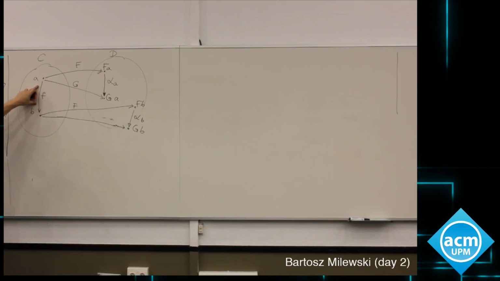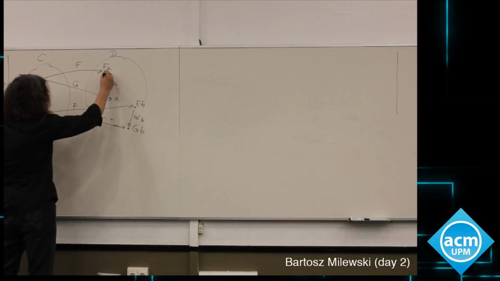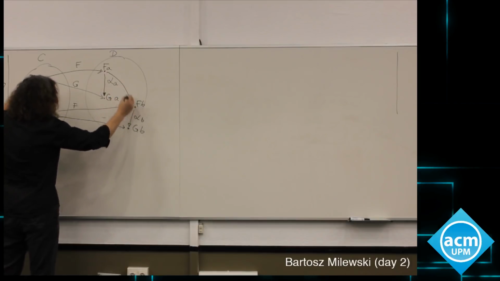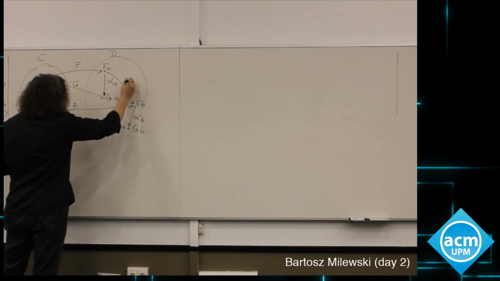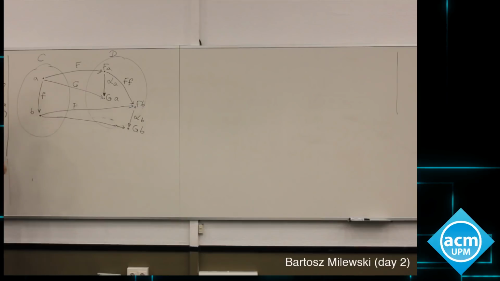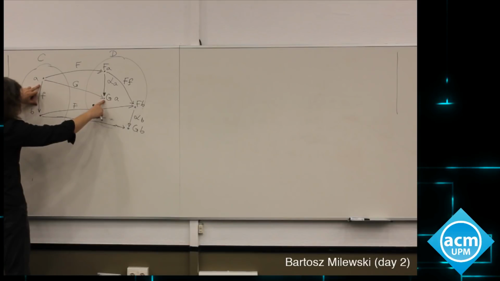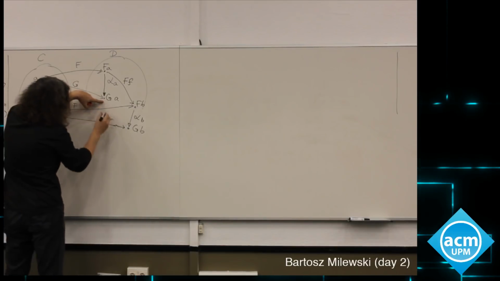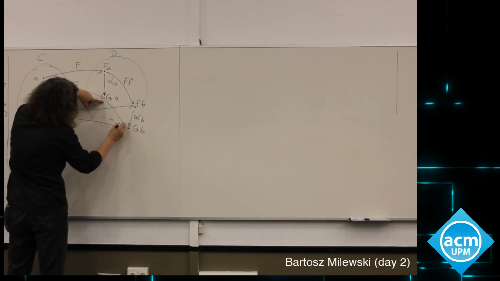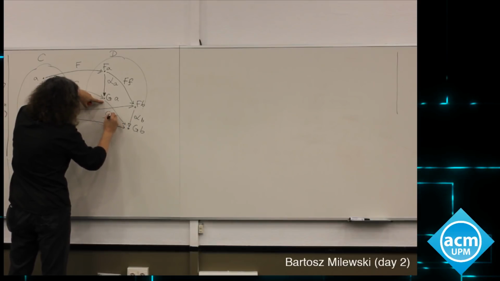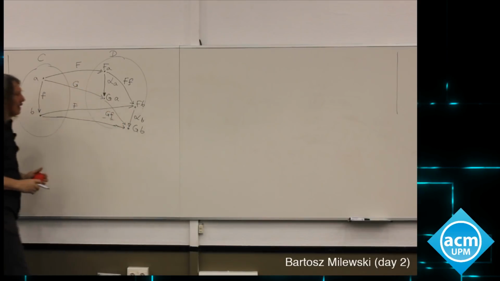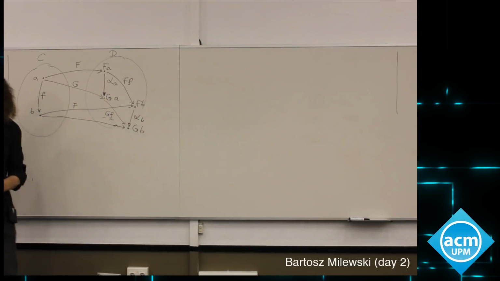So functor F will map this morphism into a morphism from FA to FB, right? So this is F acting on little f. And functor G will map the same morphism into a morphism going from GA to GB. So this is Gf. Okay? The same f was mapped in two different ways.